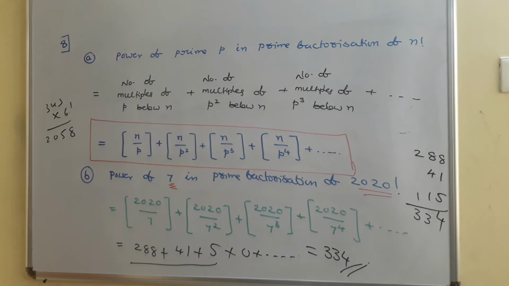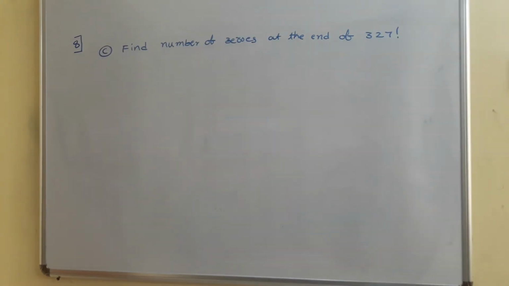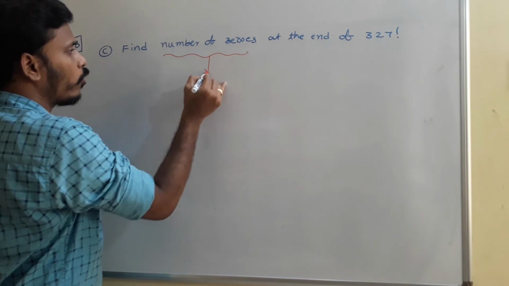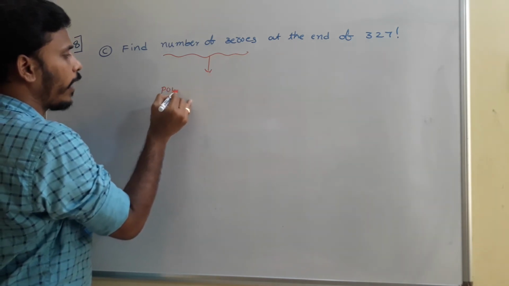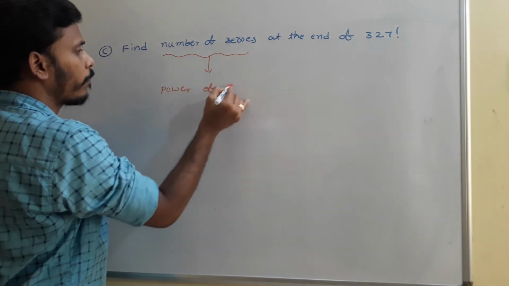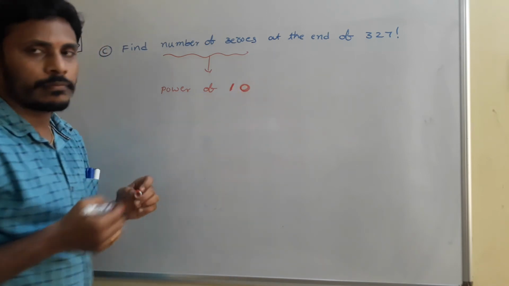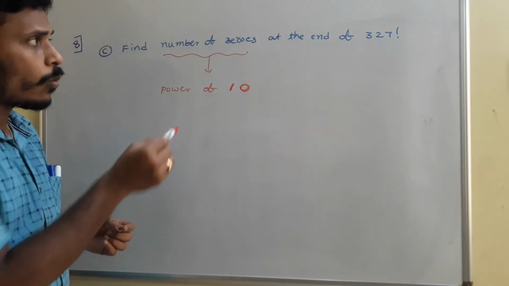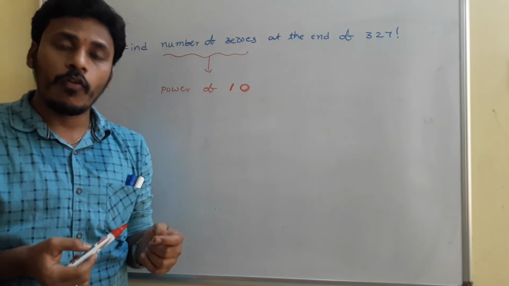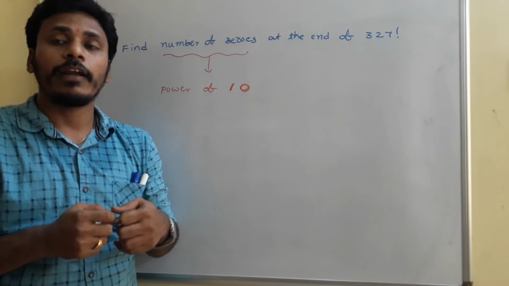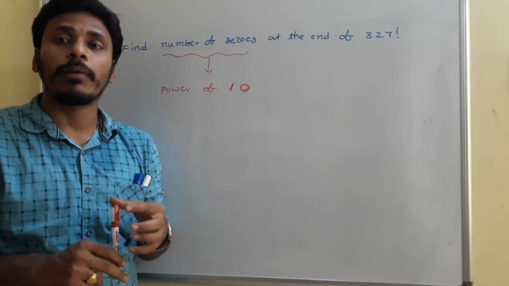Now think about this problem: we need to calculate the number of zeros at the end of 327 factorial. Number of zeros means we need to calculate the power of 10. But 10 is not a prime number, and the formula which I mentioned, floor of n by p plus floor of n by p square plus and so on, is applicable for a prime number p.